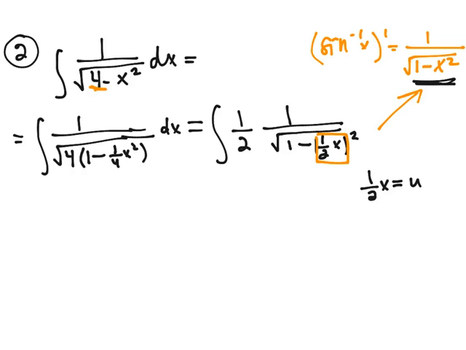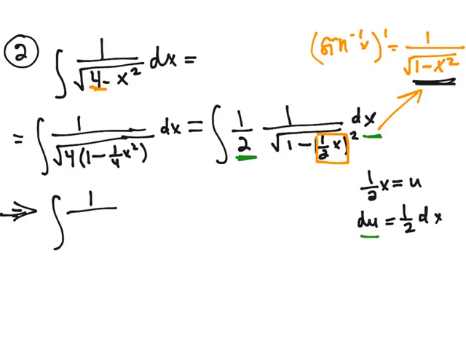So here's what I need. If you replace 1/2 x with u and then find the derivative of u, you get 1/2 dx. Oh, by the way, here, I forgot dx. And if you combine this 1/2 with this dx, you get du. You can actually solve this integral easily. Look what you get.